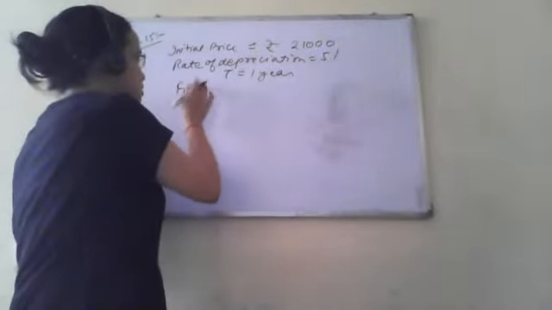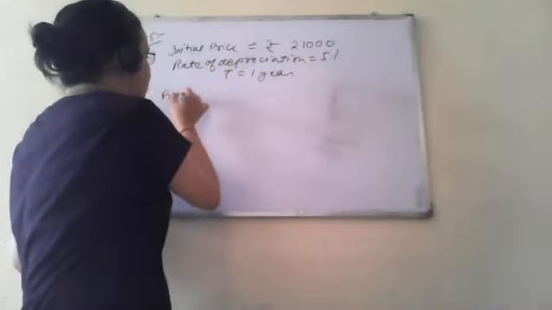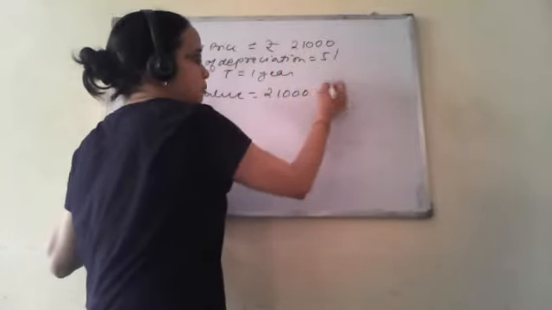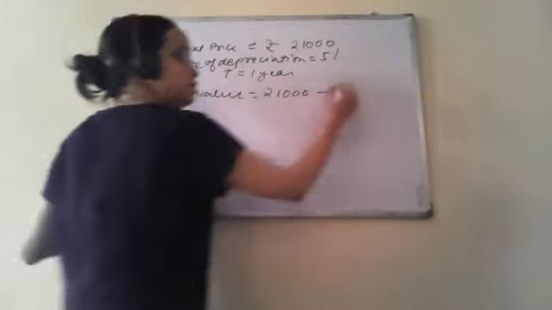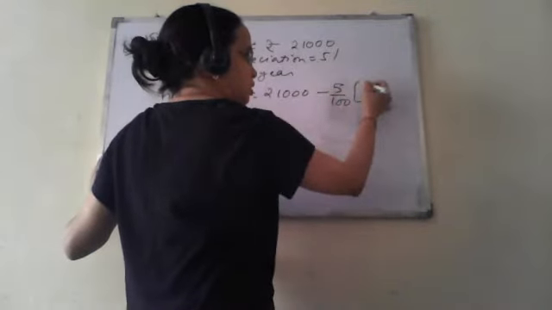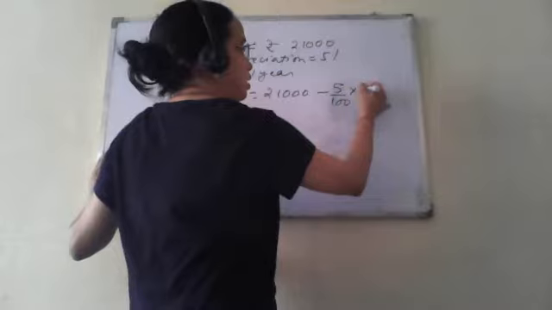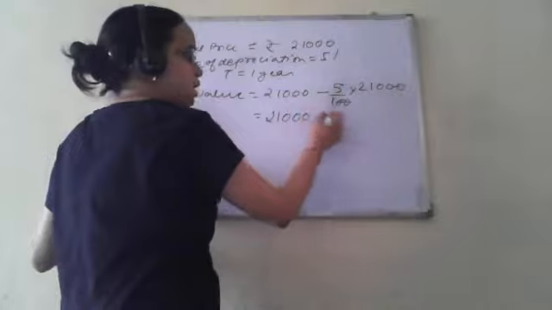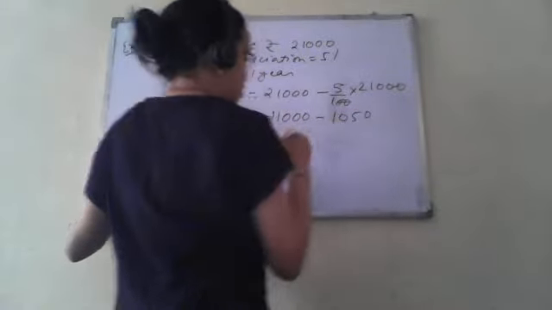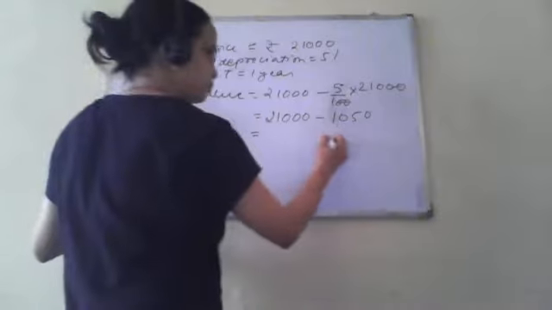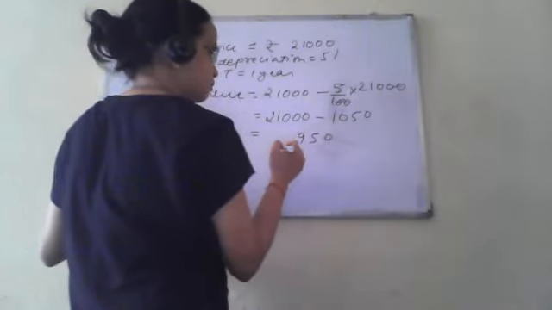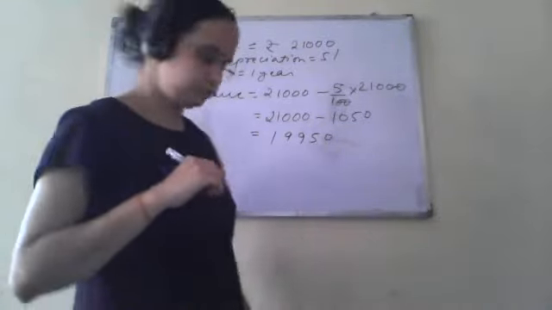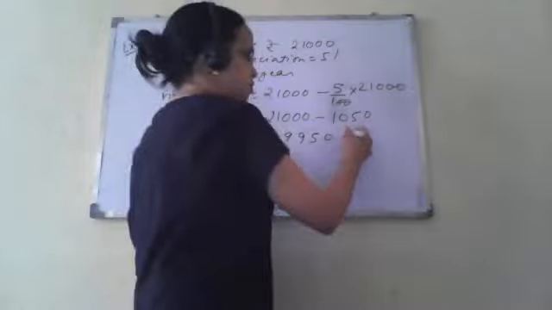So the final value will be this initial value minus 5% decrease on this value, so this is 21,000 minus 1,050. Clear? So this will be the final price of the TV.